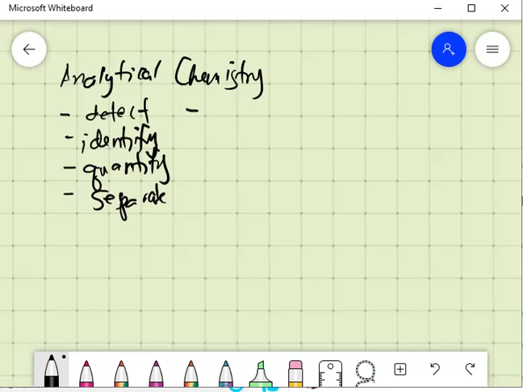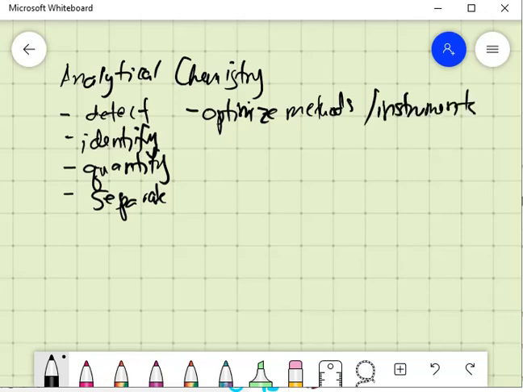And modern analytical chemistry also includes optimizing or improving methods and instruments. For example, in the analysis of gold in ancient times, we only used the fire assay technique.